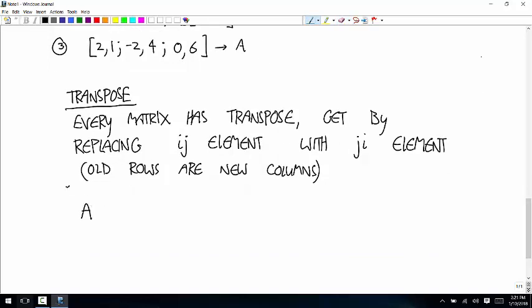So for example, if your matrix A is, I'll use that same one again, 1, 2, oh no, this is not the same one. 1, 2 is the first row, 3, 4 is the second one, 5, 6 is the third one.